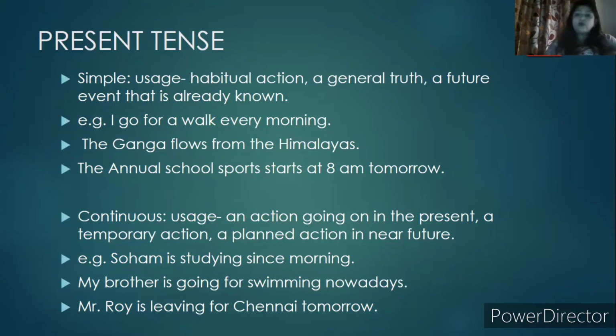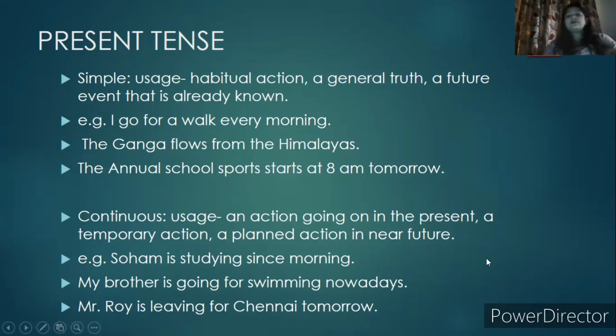Now we go over to present continuous tense. We use it to denote an action which is going on in the present. For example, Soham is studying since morning. Then we use it for denoting a temporary action.